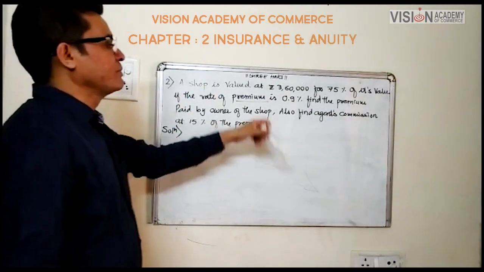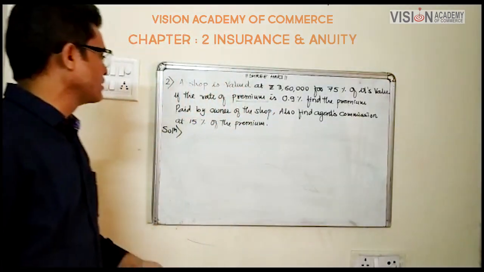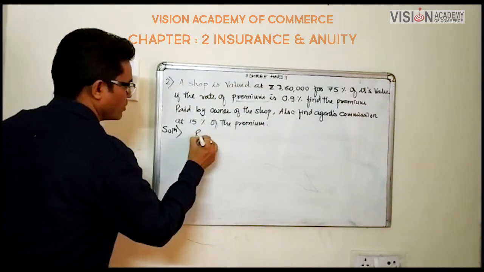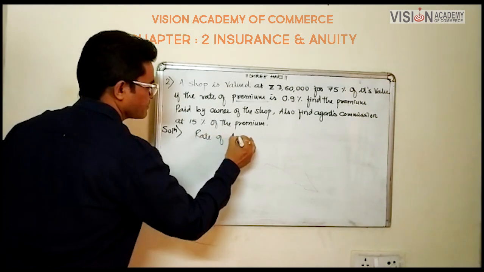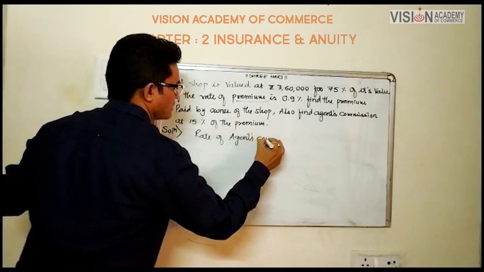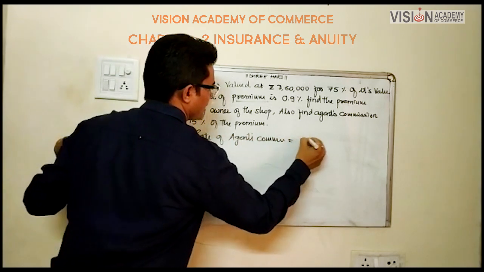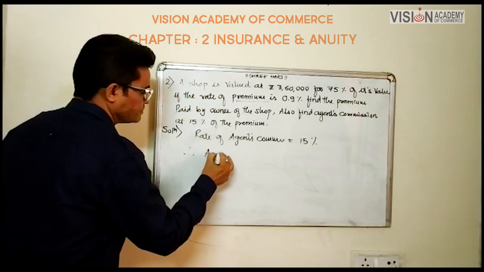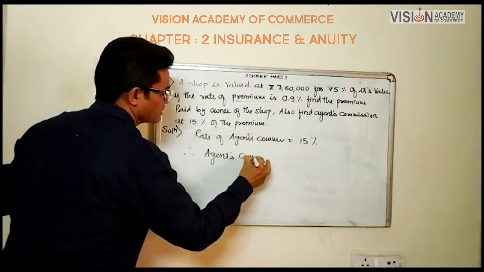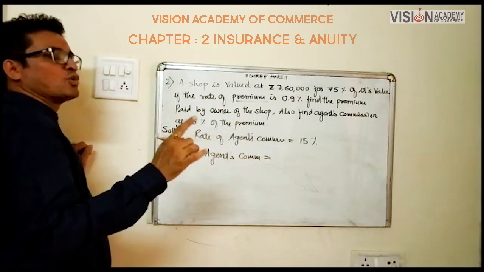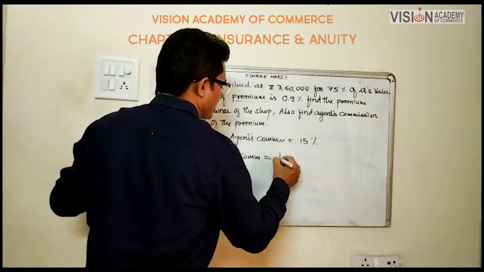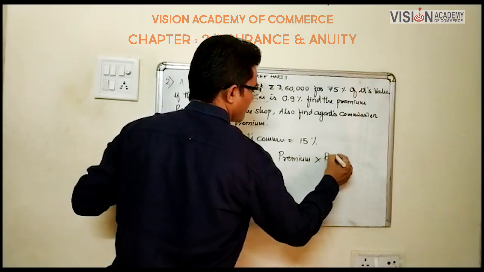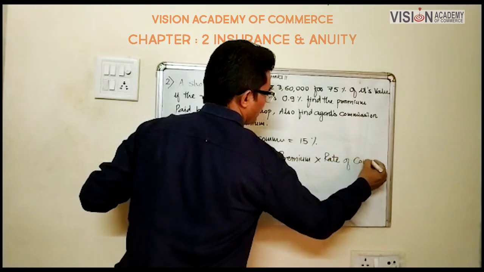The second part is the agent's commission, which we require, and the rate is 15%. As per the earlier discussion, agent's commission is always calculated on premium. So agent's commission is calculated with the help of premium into rate of commission.